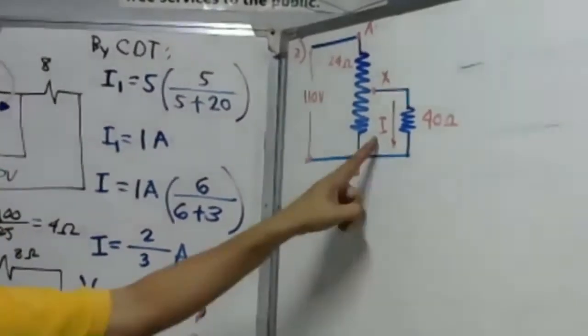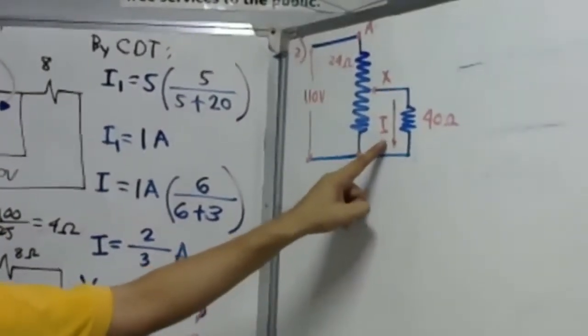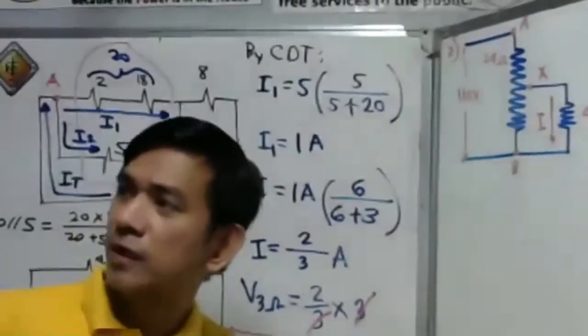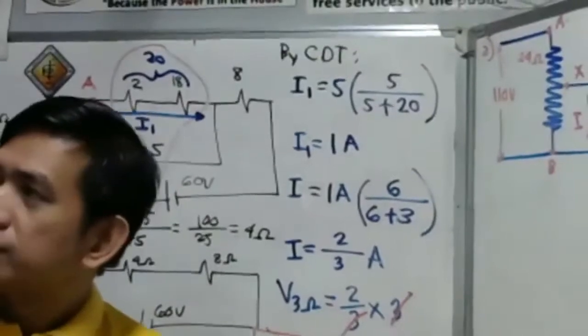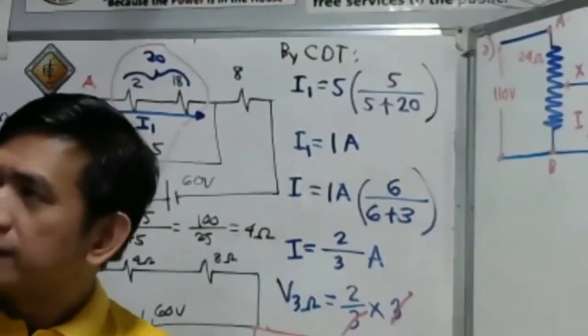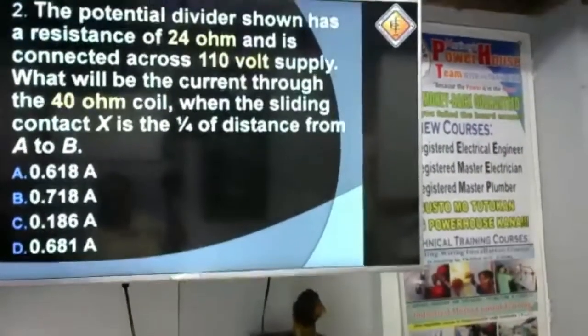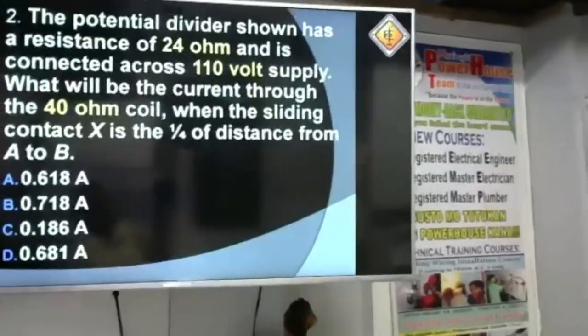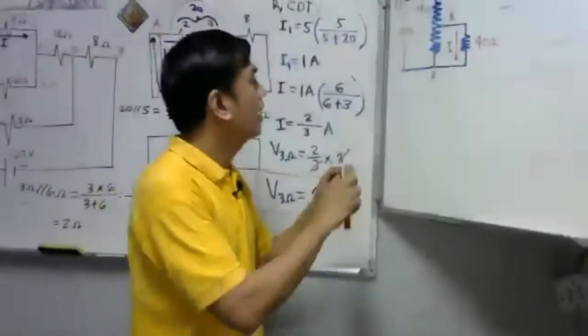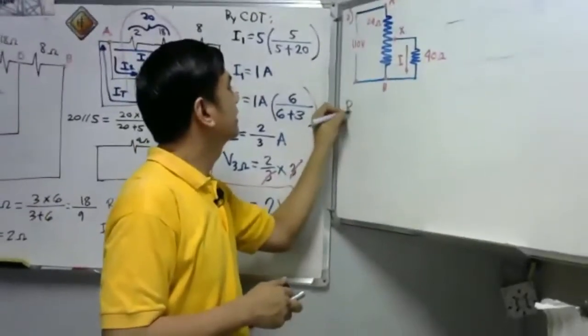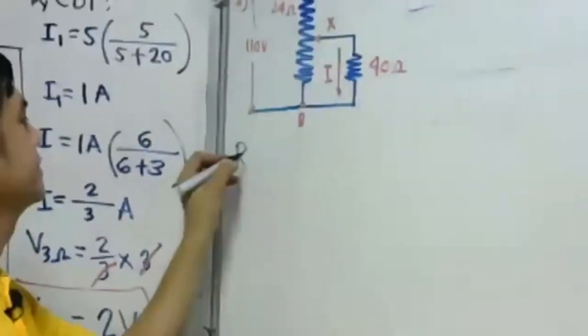Question, what is the value of X here? Take note, when the sliding contact X is 1/4 of distance. So let us get our R dx.